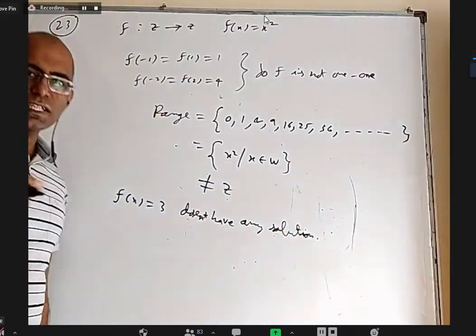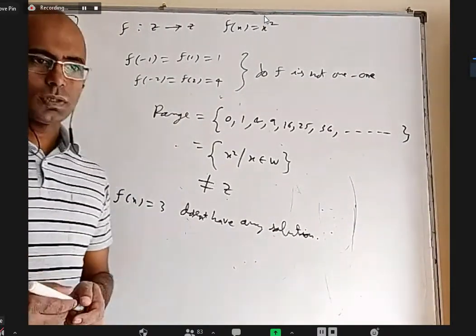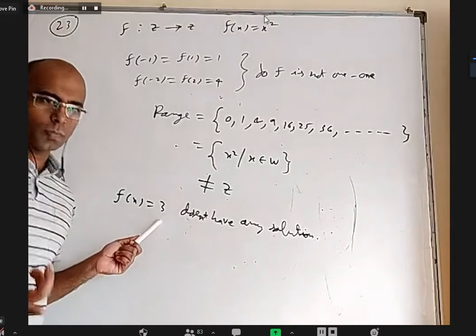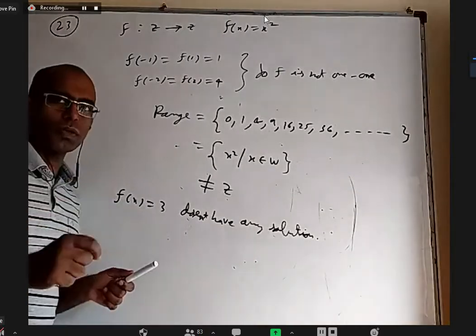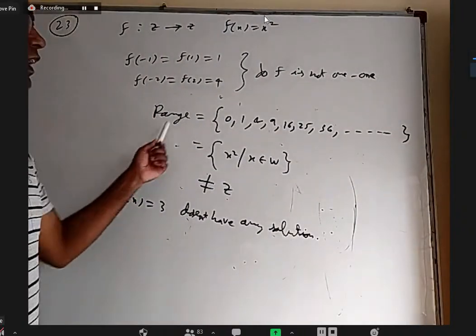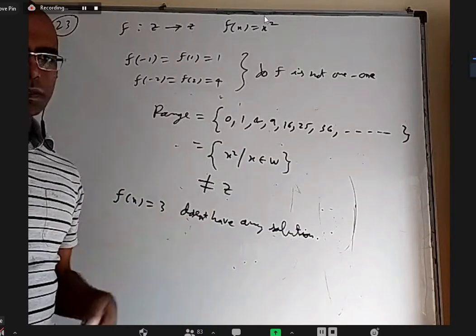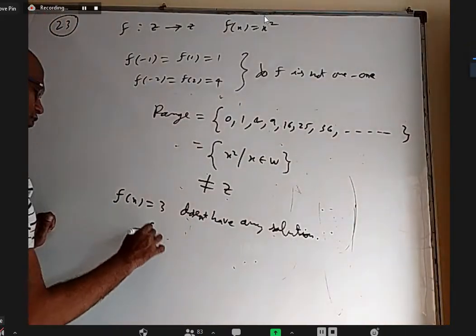If I can show at least one element in the codomain which doesn't have a pre-image, it is not onto. So 3 is there in the codomain, but it doesn't have a pre-image. Every number in the codomain should have a pre-image for onto. So it is not onto because of that. Or you find the range, it is not equal to the codomain. So it is again not onto. Okay, so f is not onto.